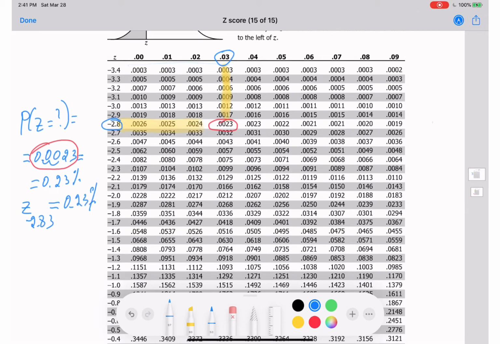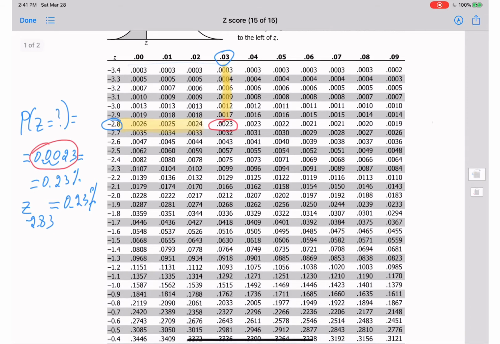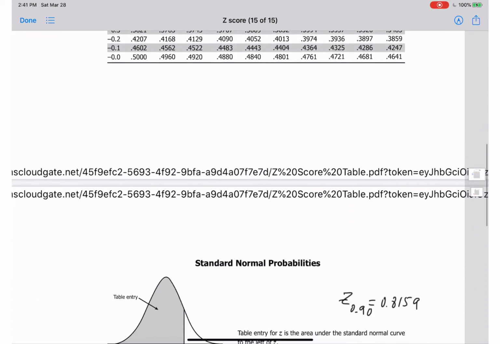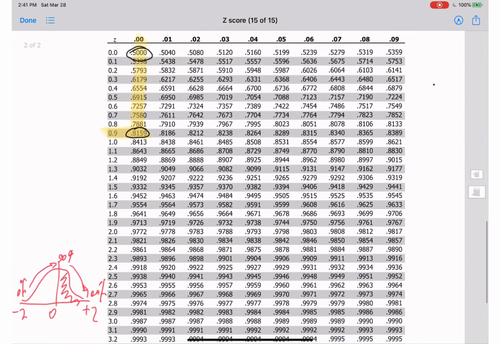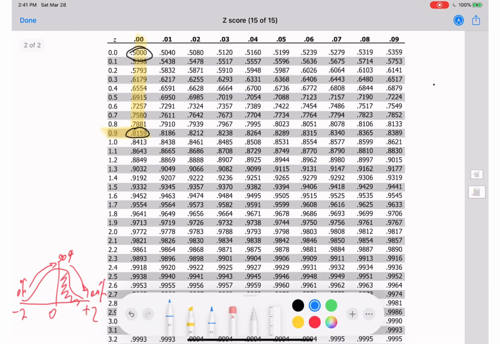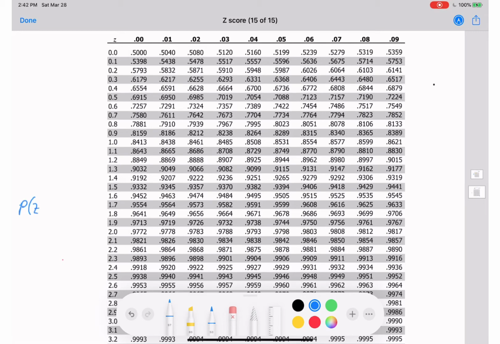Another one, let's see. Let's say we want to take the probability of z-score equal question mark, equal, for example, 98.42%.